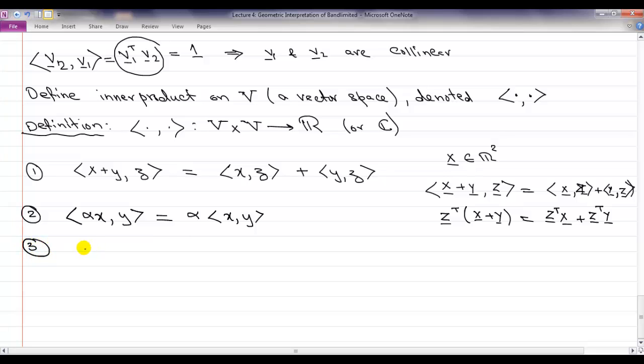The third property is that if I change the order of the inner product, then the answer is simply given by conjugation of the original inner product.